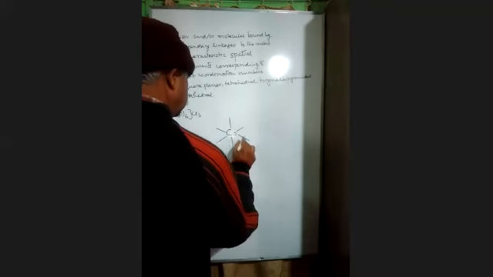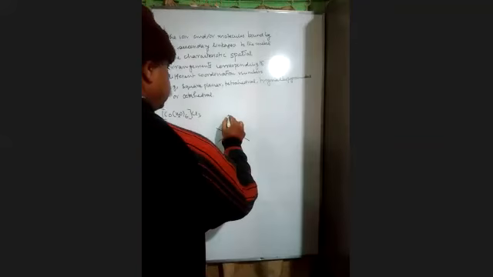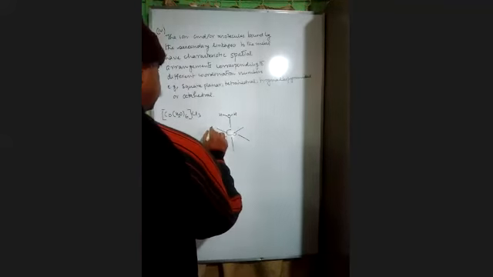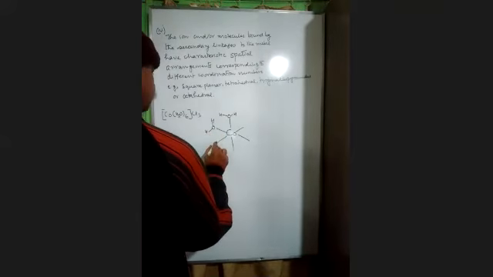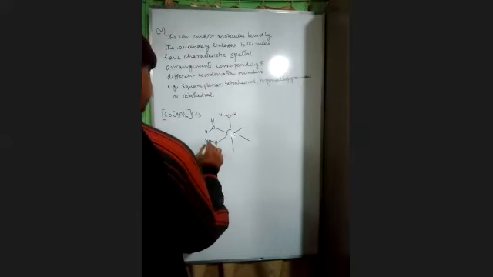See, this is a water molecule. How are the water molecules bonded to the central metal atom?